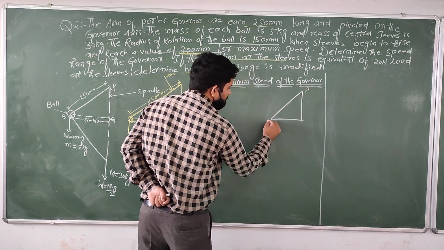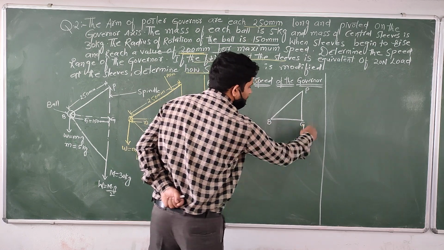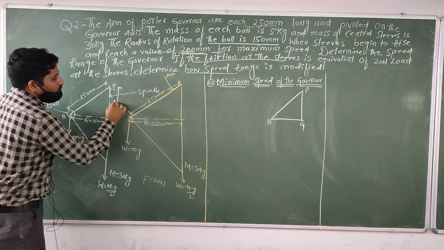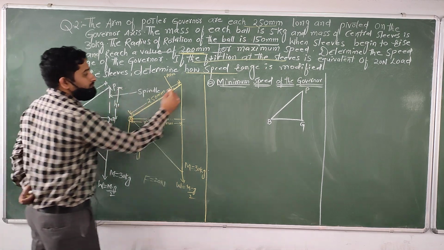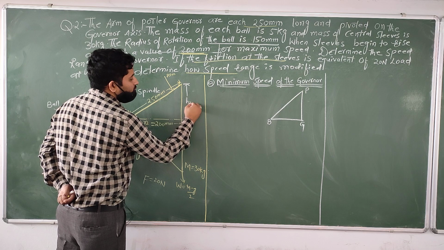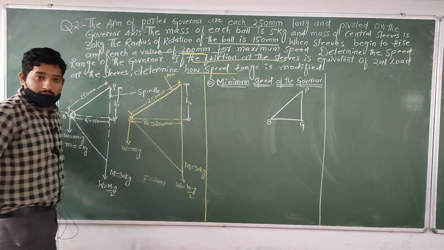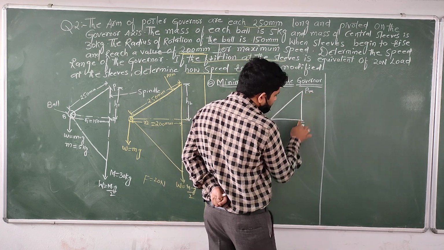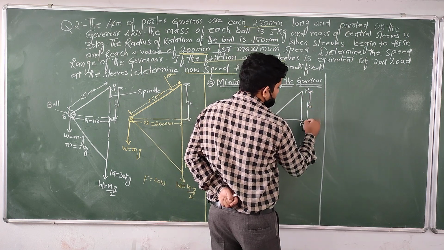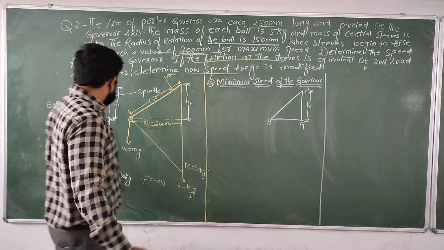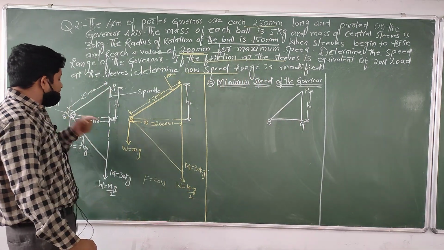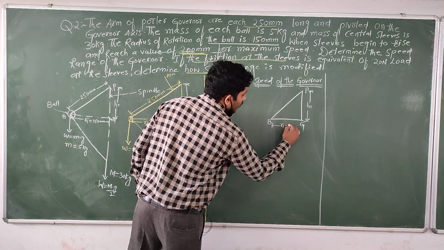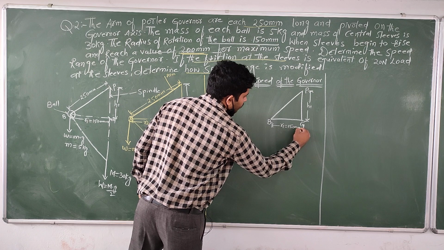P, B and G. The height of the governor H1 we need to find out, as well as the value of H2. Is it right? First I consider the triangle, where the length from P to G is H1. Okay dear, the radius of rotation from B to G is 150 mm. R1 equals 150 mm.